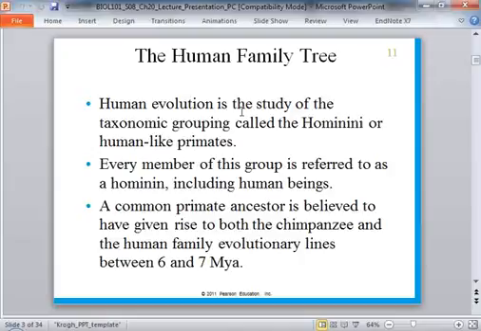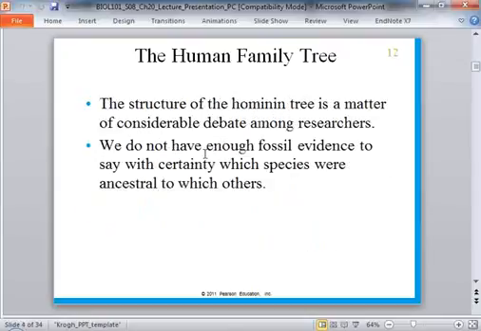And human evolution is the study of the taxonomic grouping, which name I always butcher because there's so many I's and N's there, but it's Hominini. That's probably the one time I'll ever get it close. And members of this group are referred to as hominins, and they include human beings. A common primate ancestor is believed to have given rise to both chimpanzees and the human family evolutionary lines between 6 and 7 million years ago.